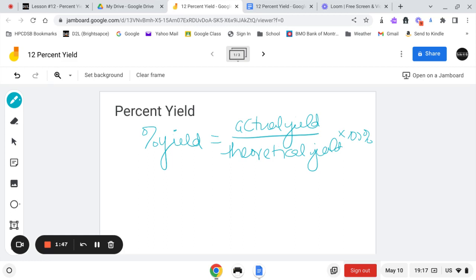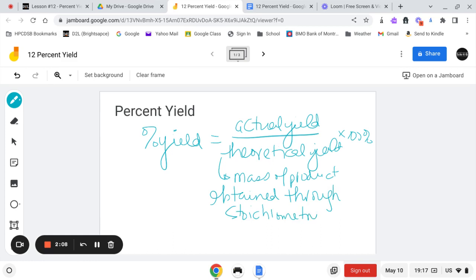Well, theoretical yield is a fancy way of saying that it is the mass of product obtained through stoichiometry. So us doing some stoichiometry and mole ratios and coming up with amounts of a product is the same thing as saying that we are dealing with a theoretical yield.